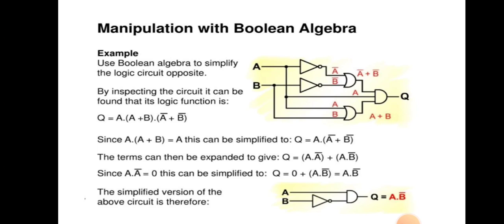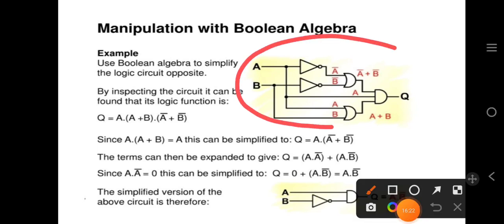By inspecting the circuit, it can be found that its logic function is as follows. For this circuit diagram, we have written a logic equation. First we will see the main three gates: this OR gate, this OR gate, and this AND gate.